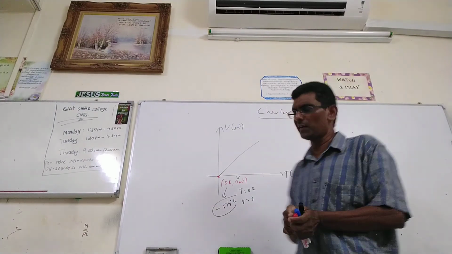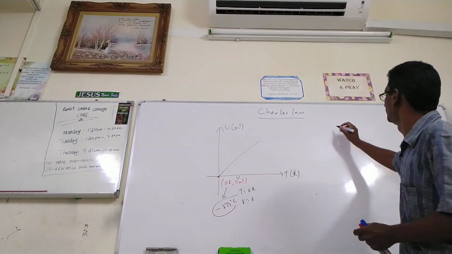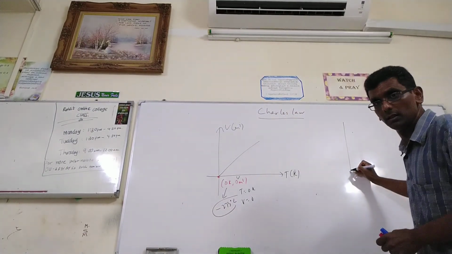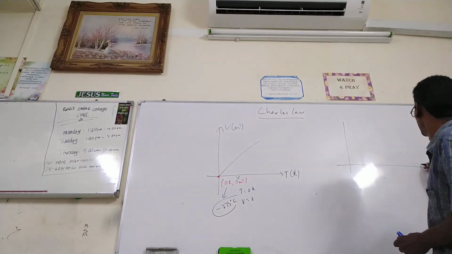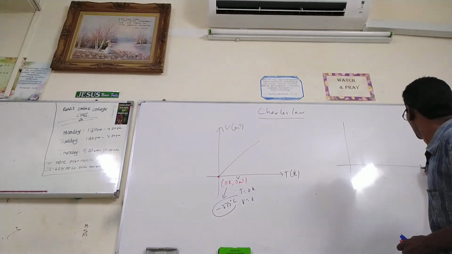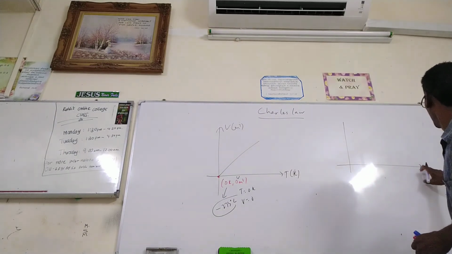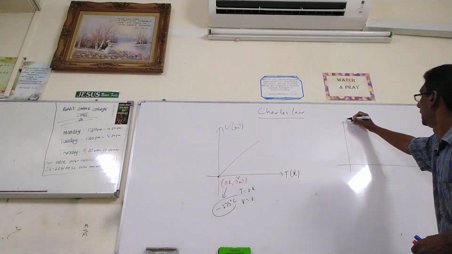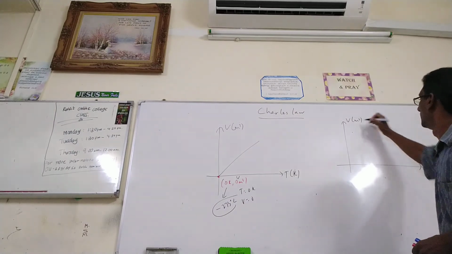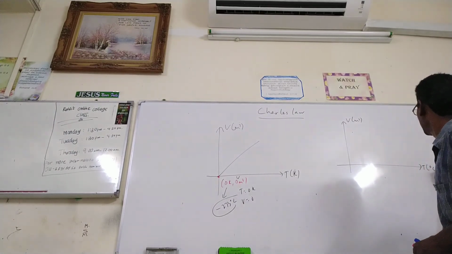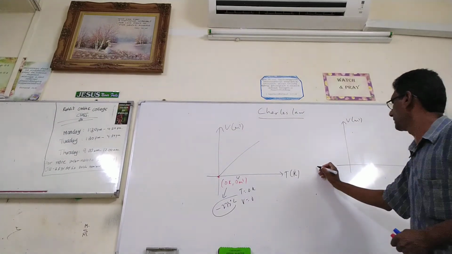Okay, another graph. You can see the graph: volume in meter cube, and temperature in Celsius.